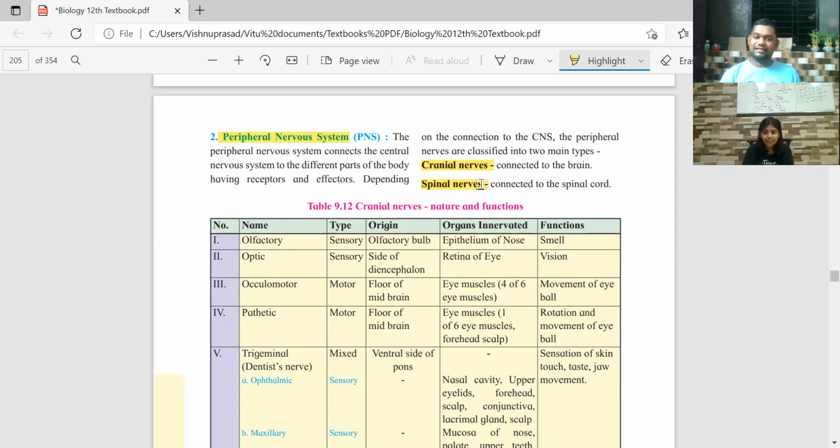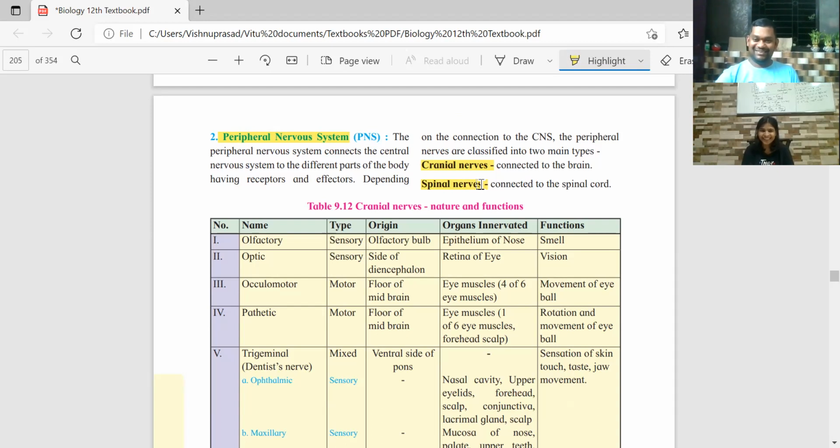That's the reason you can receive a stimulus in any part of the body, except some portions where the cells are dead. Like if the nails are cut, you don't feel pain. But if the finger is cut, you will realize. If a haircut is done, you don't feel any pain. But if the neck is cut, obviously you will feel the pain.